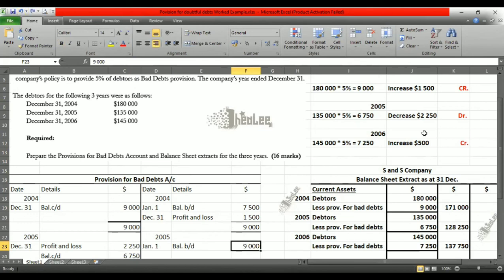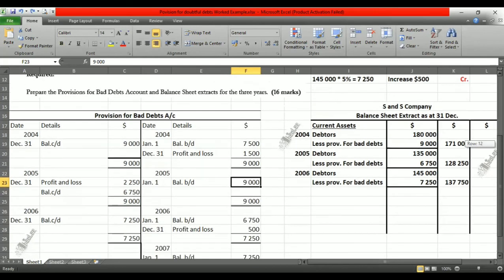For 2005, your provision for bad debts balance is 6,750. And in your provision for bad debts account, you're seeing that coming out of 2005, which is $6,750.